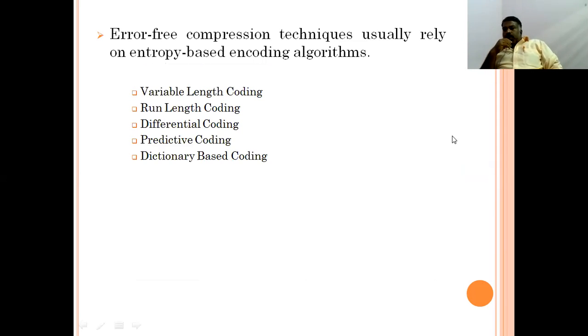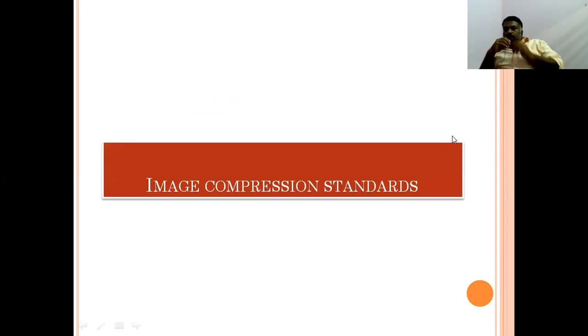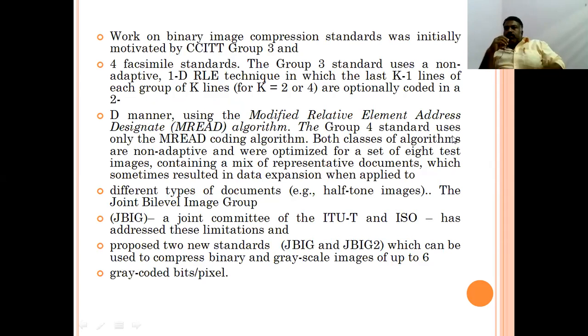The error free compression mechanisms are based on entropy based encoding algorithms, which have to be listed: variable length coding VLC, run length encoding or run length coding, differential coding, predictive coding, dictionary based coding. All of these ensure error free compression. Then the image compression standard.